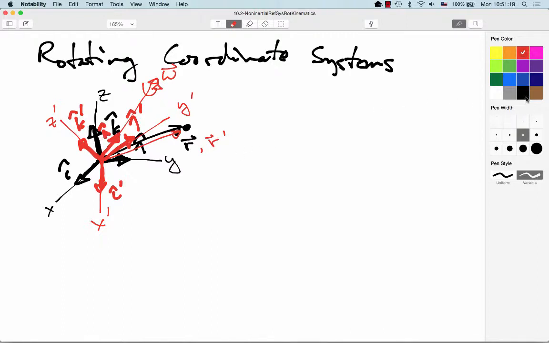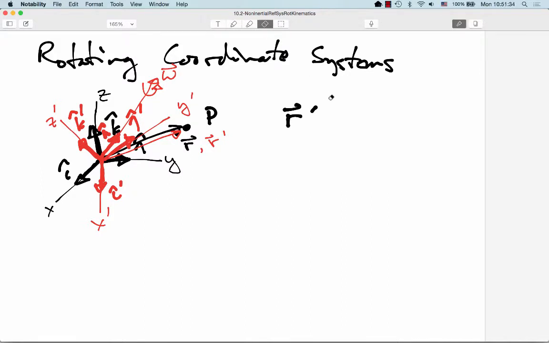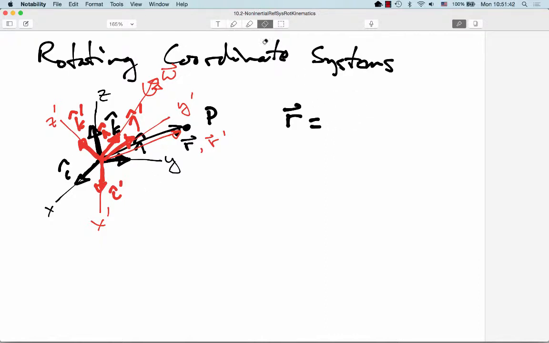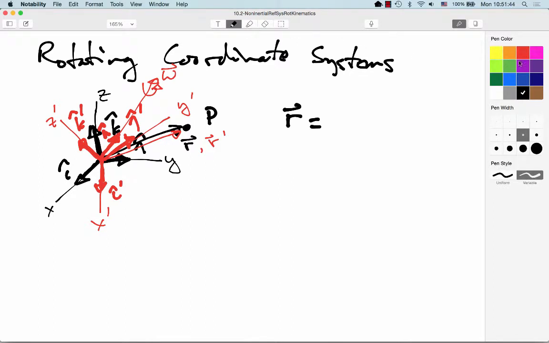Okay, so with all of that, when both observers are looking at this same point P, they're going to agree on where it's located. Coordinate systems are an invention of man, not of nature. So they will agree that r equals r prime. Actually, let's do the r prime in red just to help keep it straight. There will be absolutely no disagreement about it.